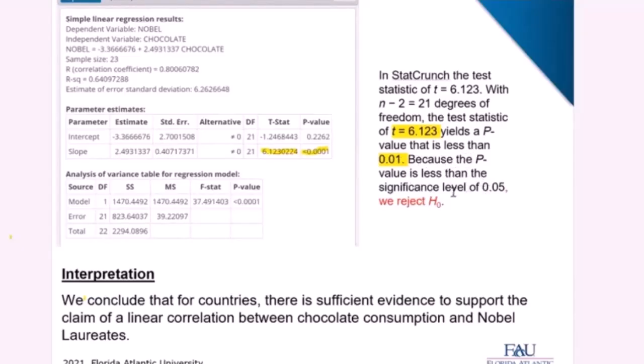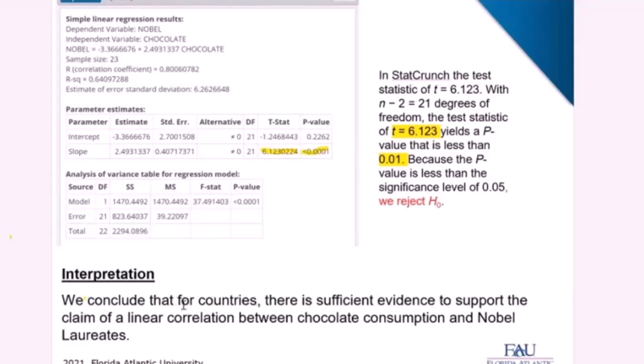Because the p-value is less than the significance level, we reject the null hypothesis because we see a linear correlation here. We have a decent size R value, so it looks like it's linearly correlated.